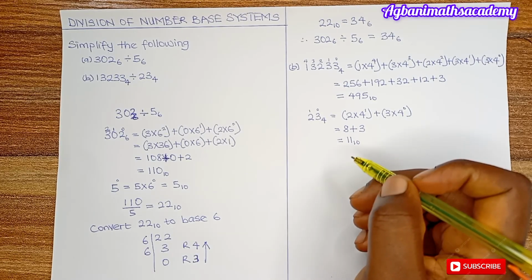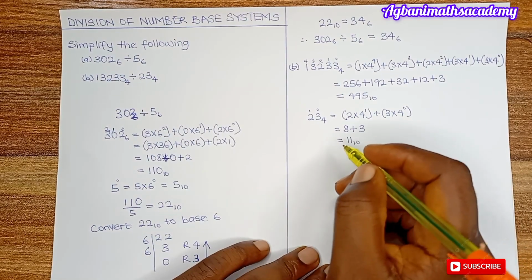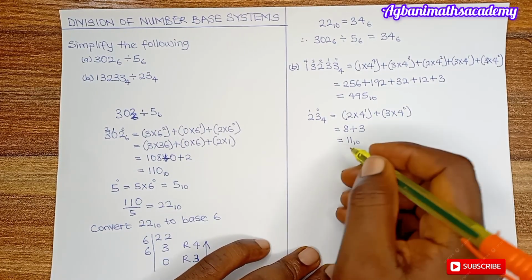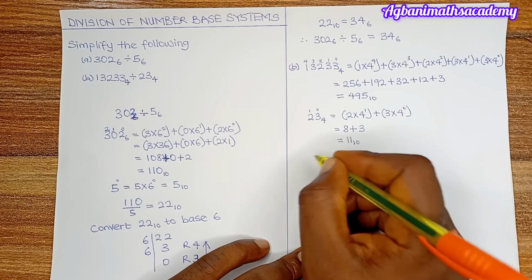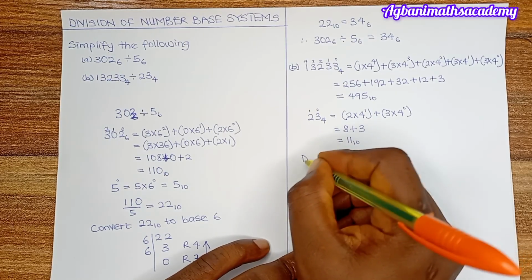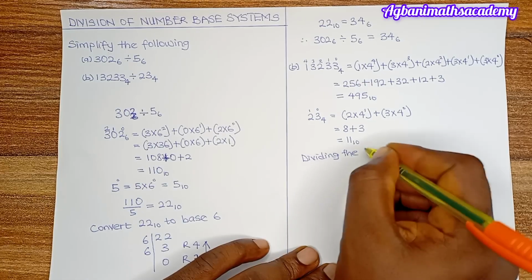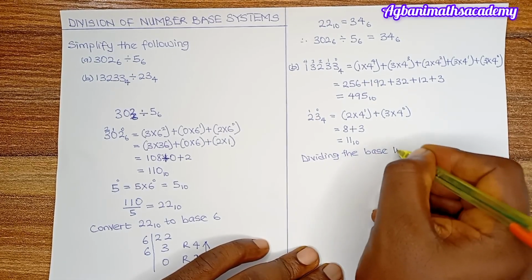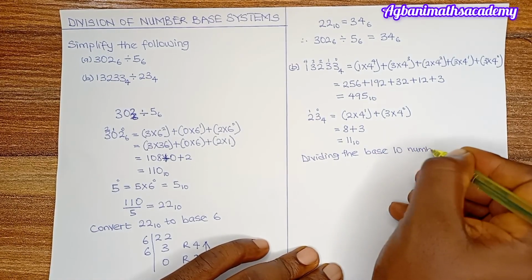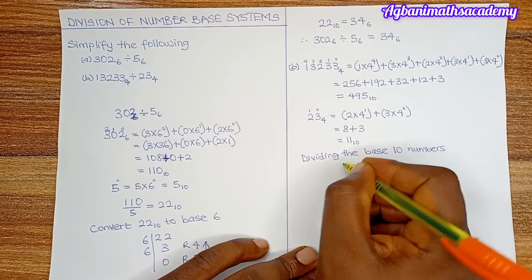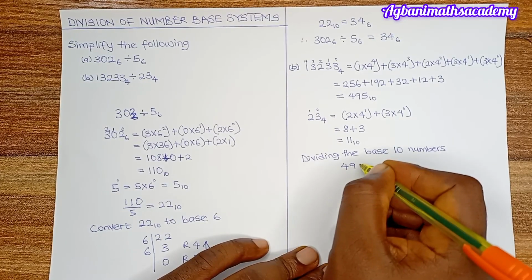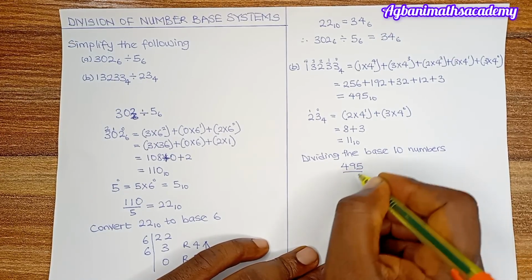The next thing we are going to do is divide 495 by 11, dividing the base 10 numbers, which is 495 all over 11.